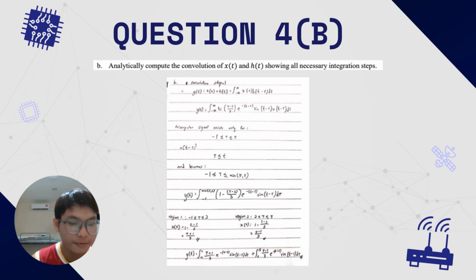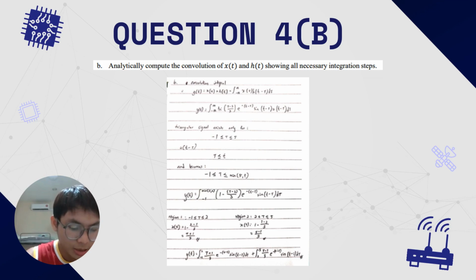For the answer of question 4b, first we need to do the convolution integral and find the answer is y(t) equals the integral from negative infinity of the triangular function times e to the power of negative (t minus tau), times u(t minus tau), d tau.